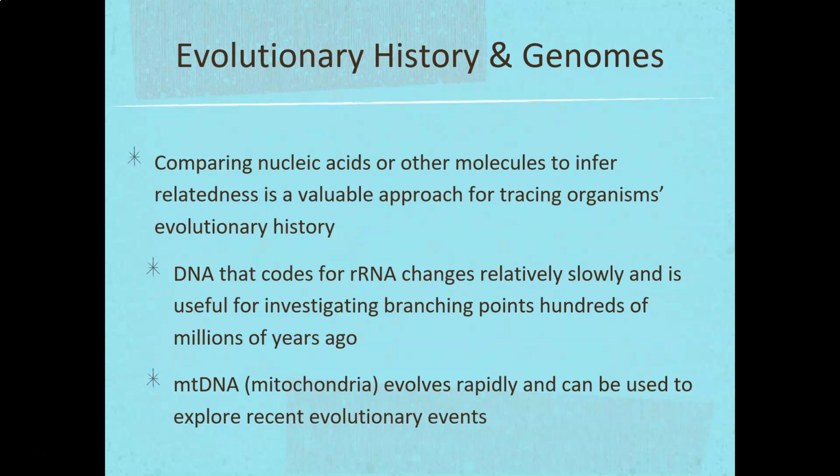Mitochondrial DNA, on the other hand, evolves relatively rapidly. It also only gets passed from mother to offspring, and so it can be much more useful for recent evolutionary events. So just like anything, the type of molecular data that we choose to look at can have more value in one situation as opposed to another. And those are just two examples of that.